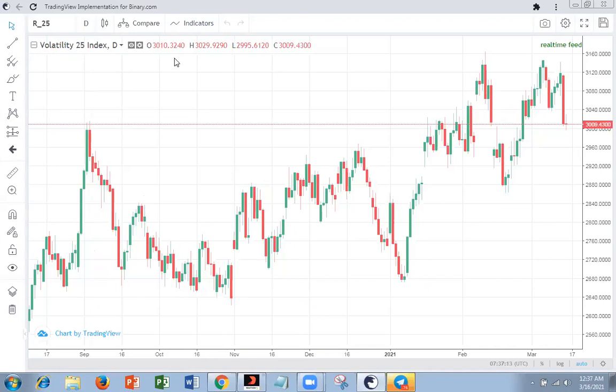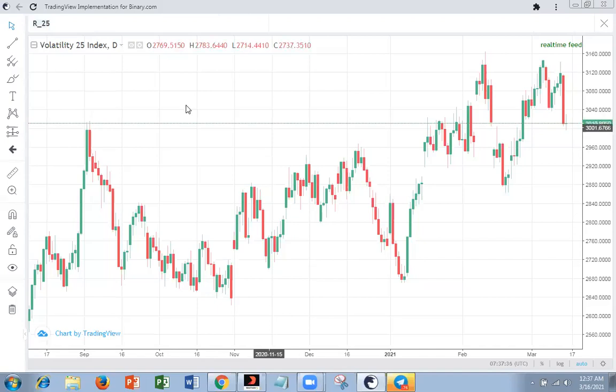I will send a quick link in our Telegram channel for you to be able to access these charts so that you can analyze Volatility, Boom and Crash with TradingView. Because if you don't go through that link, you will not be able to see the Volatility index.